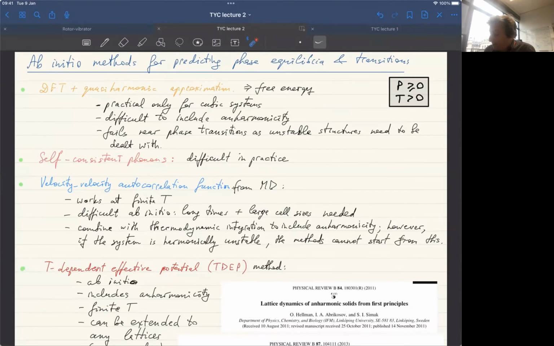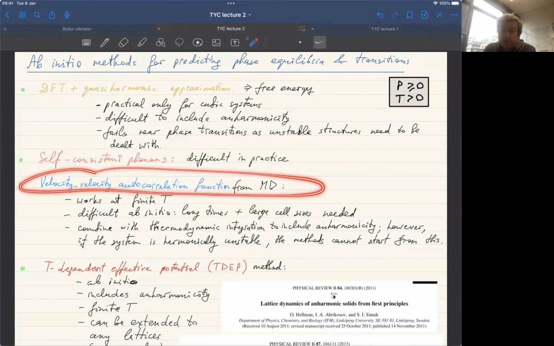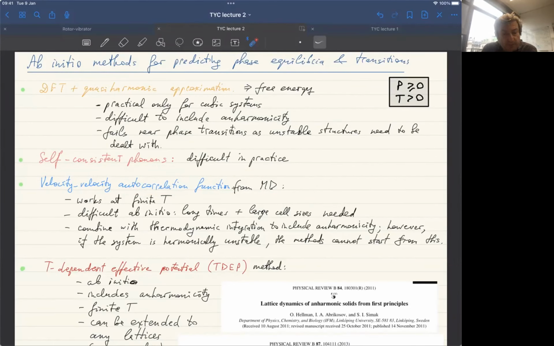There are some other methods. So this self-consistent phonon method, which I do not consider, it's very difficult to implement in practice. In fact, I do not know any implementation. As we discussed, there is a velocity autocorrelation function method, which works for finite temperatures, but you need to run molecular dynamics, and therefore ab initio this is a little bit difficult.